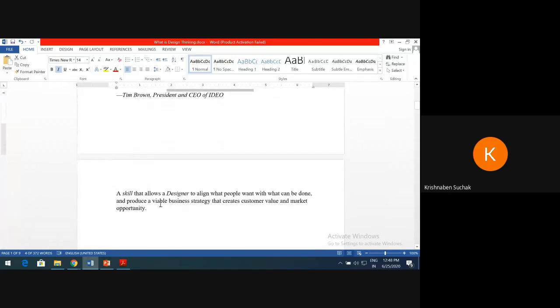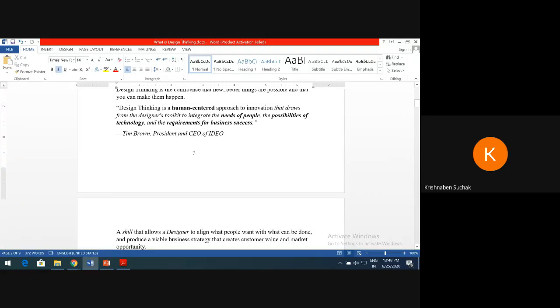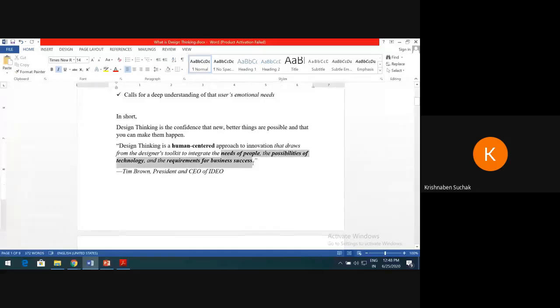So design thinking is a skill that allows a designer to align what people want with what can be done and produce a viable business strategy that creates customer value and market opportunity. Now from each and everyone, I want one different example where all these 3 points are satisfied: needs of people, possibilities of technology, and requirements of business success.